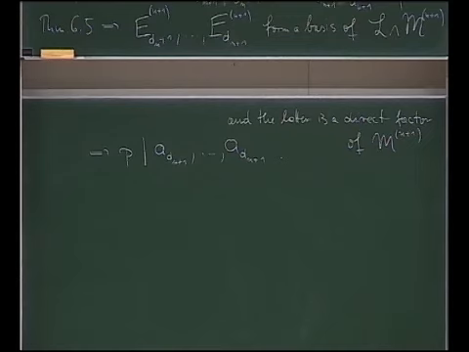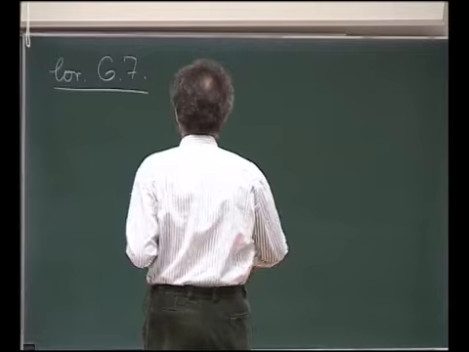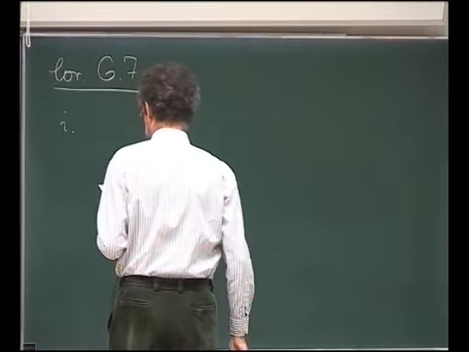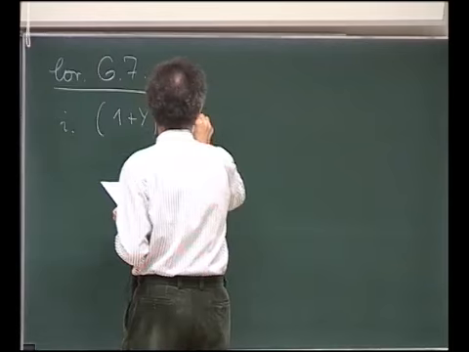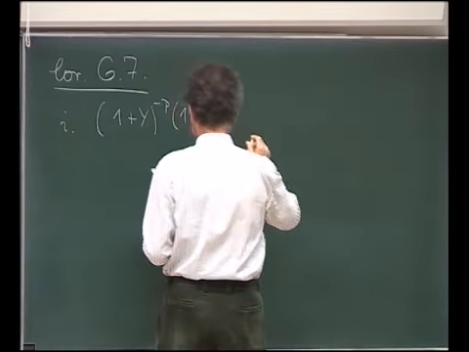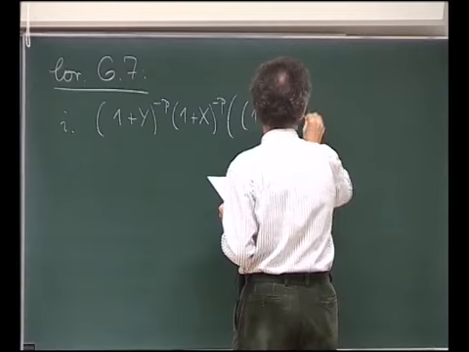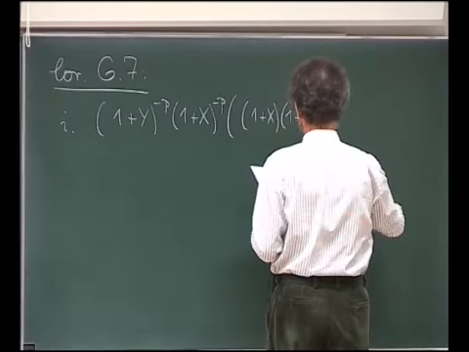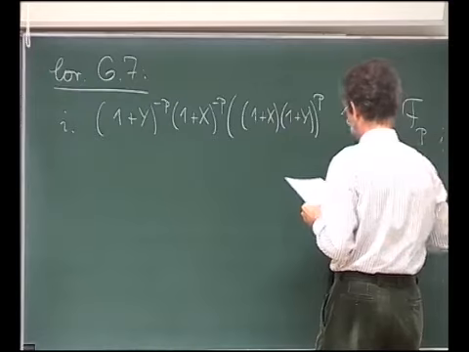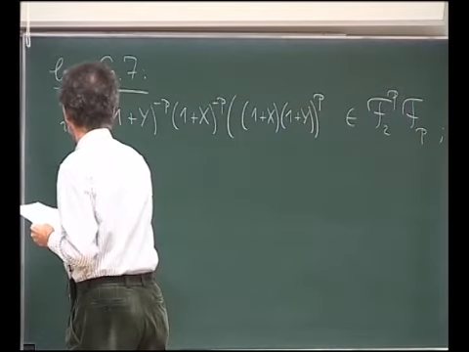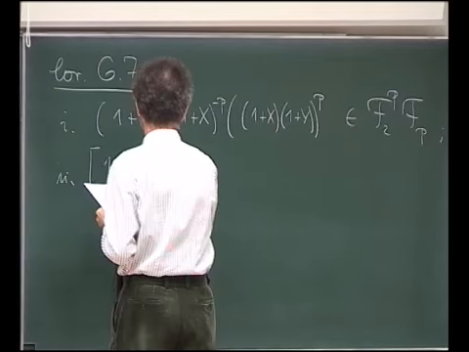Okay, so this is somehow the general fact, and we apply this actually only for two concrete elements. So first, (1+y)^{-p}(1+x)^{-p} times ((1+x)(1+y))^p lies in F_2^p times F_p.